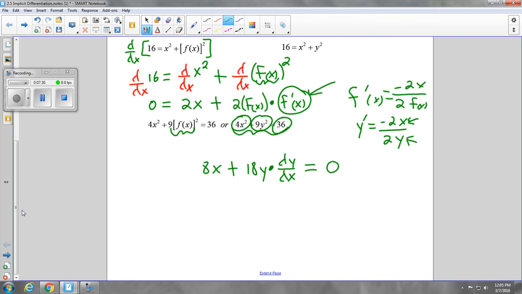Then, second step, we just need to solve for dy/dx. So dy/dx, if you solve for that, is equal to negative 8x over 18y. That's the idea. That's pretty much it.